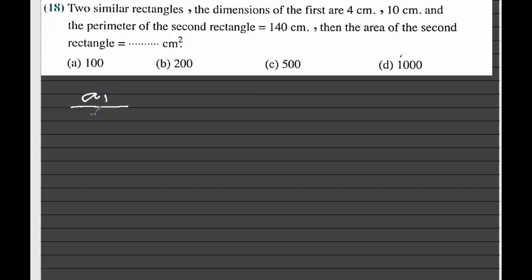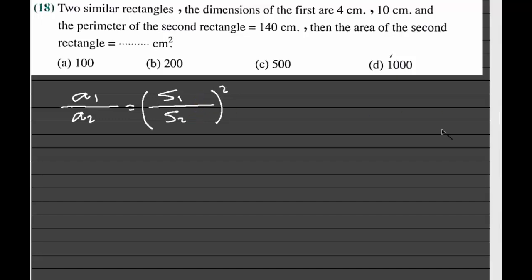A1 over A2 equals S1 over S2 all squared. Here is the relation between the two areas of the two rectangles, equals the square of the ratio of two corresponding sides.